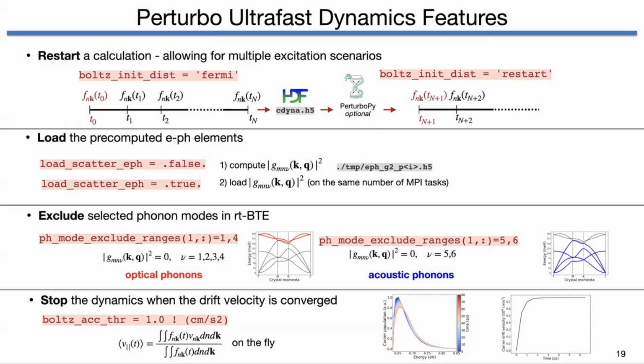You can also exclude phonon modes, just like the transport calculations. You can select the phonon modes that you're interested in to see the different contributions to the dynamics. And finally, you can also stop the dynamics for the electric field case, where once your drift velocity is converged, then the dynamics will stop automatically. So you don't have to look for a steady state.